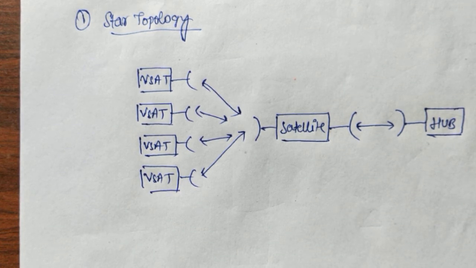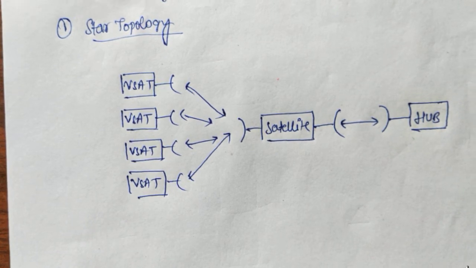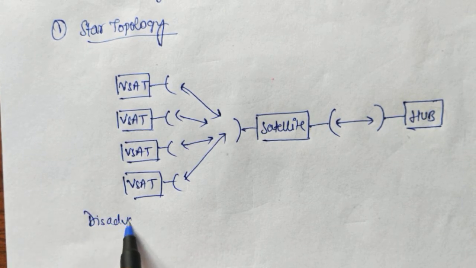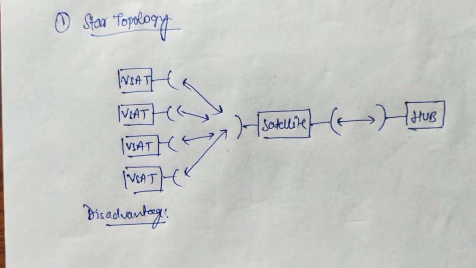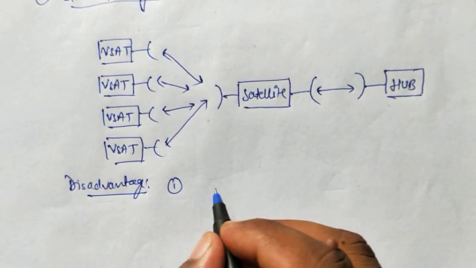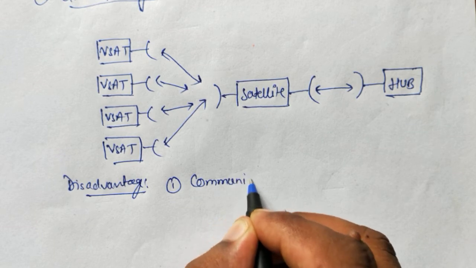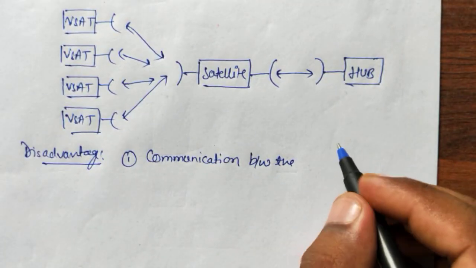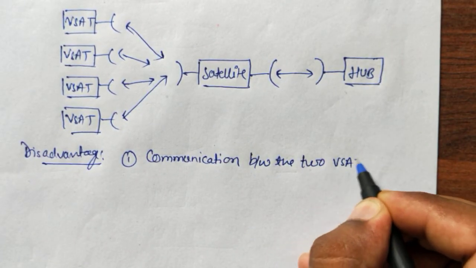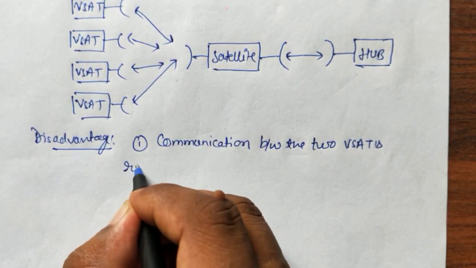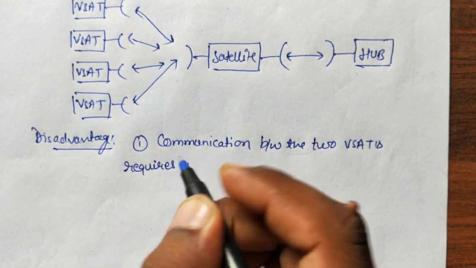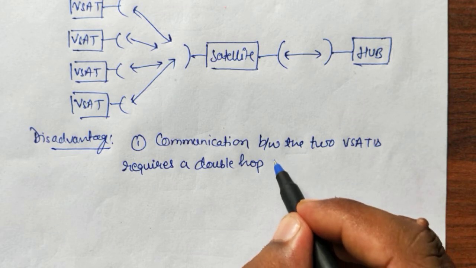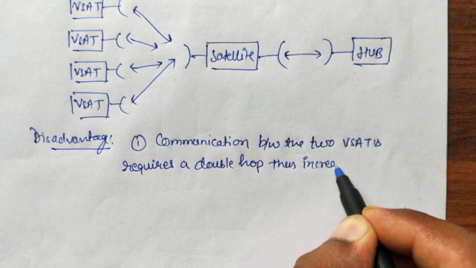The disadvantage is that communication between two Vsats requires a double hop, thus increasing the time delay.